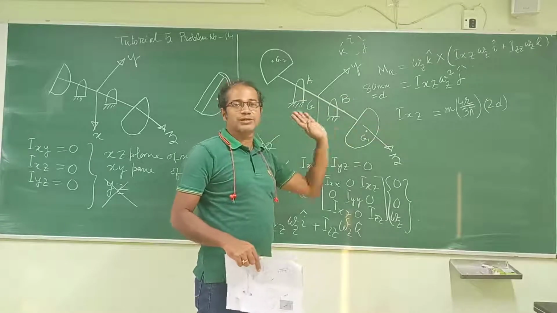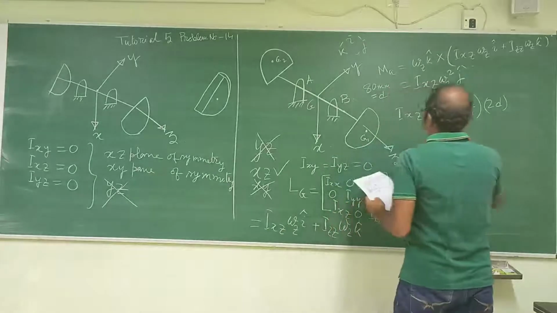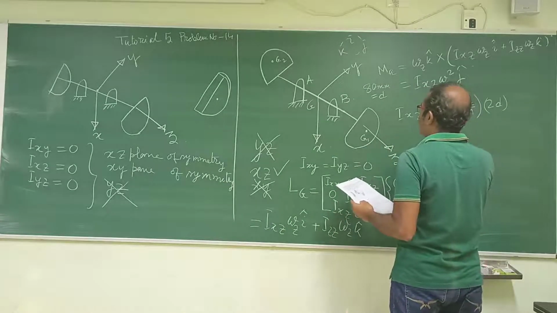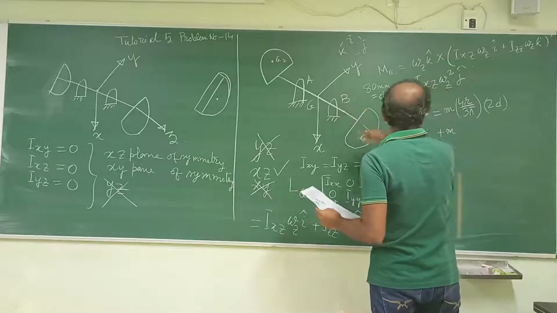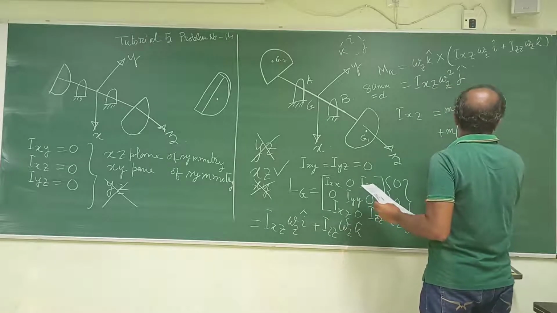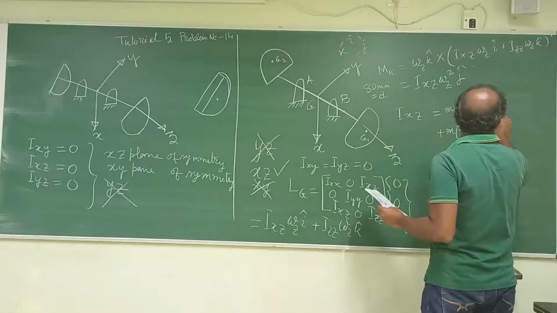That is what I am writing. Now this is done. Next is plus m times, what is going to be the x? Minus 4r by 3 pi, and what is d? Minus twice d.